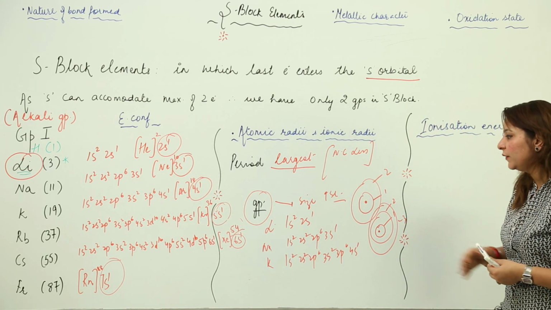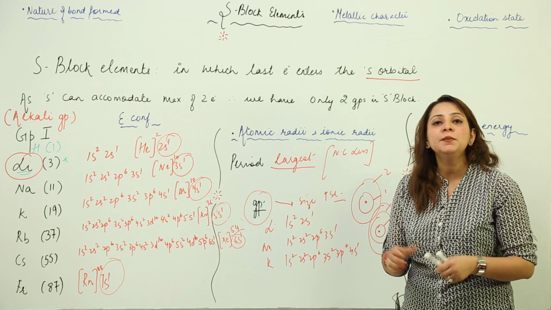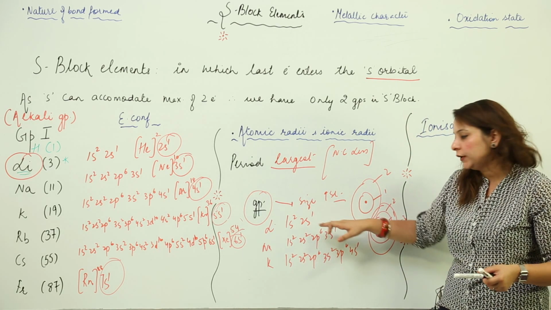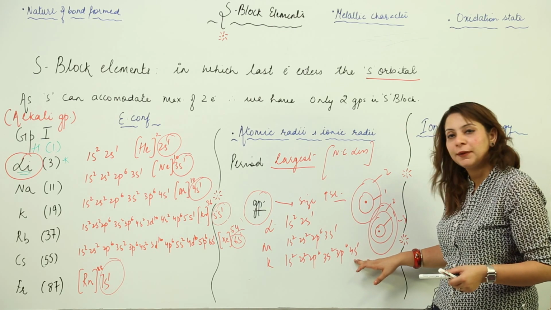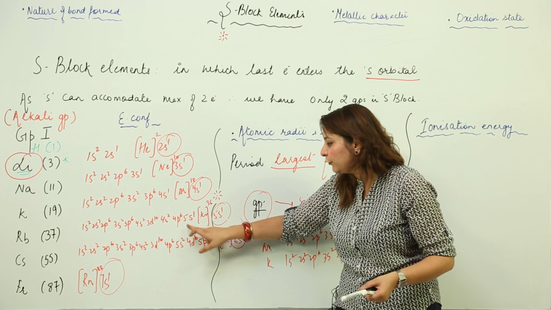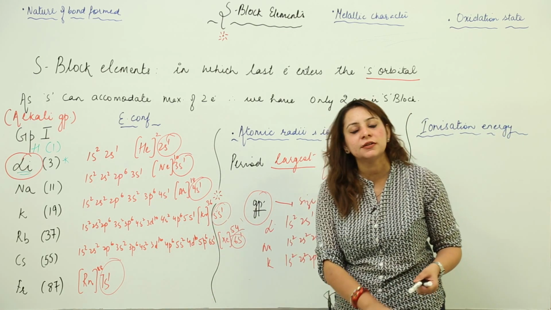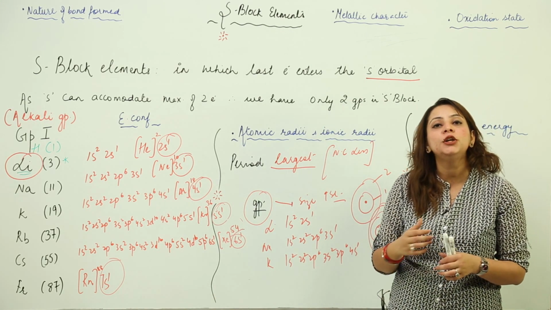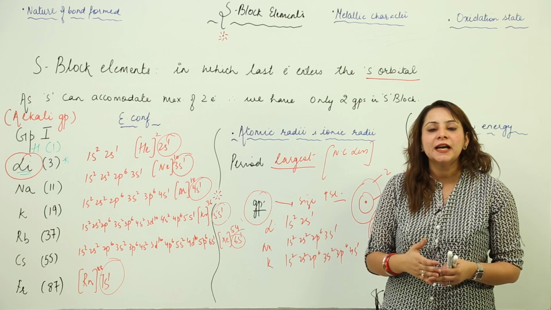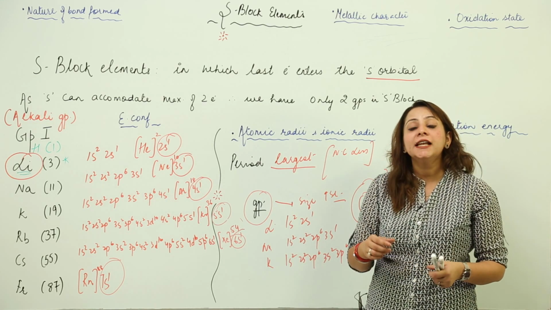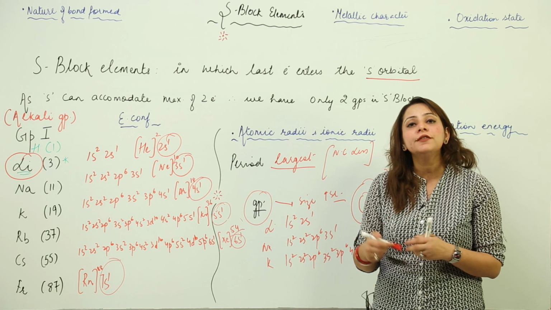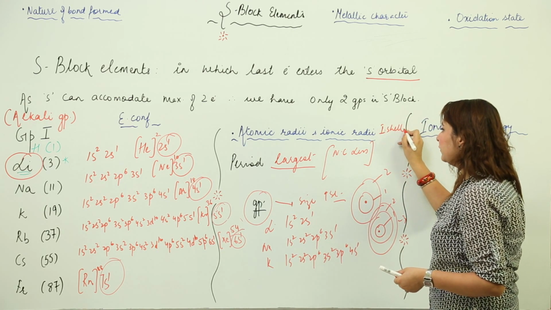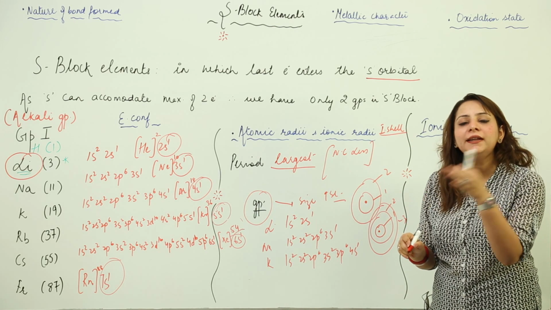As you can see, when we are moving down, every time a new shell is being added. Here it ends at 2, here it ends at 3, here it ends at 4, and likewise we will see the 5th shell, 6th principal shell, 7th principal shell. So when we are moving down the group, every time a new shell is being added. Due to the addition of the new shell, the inner shells are filled, because whenever the inner shell is filled, only then the outer shell comes.